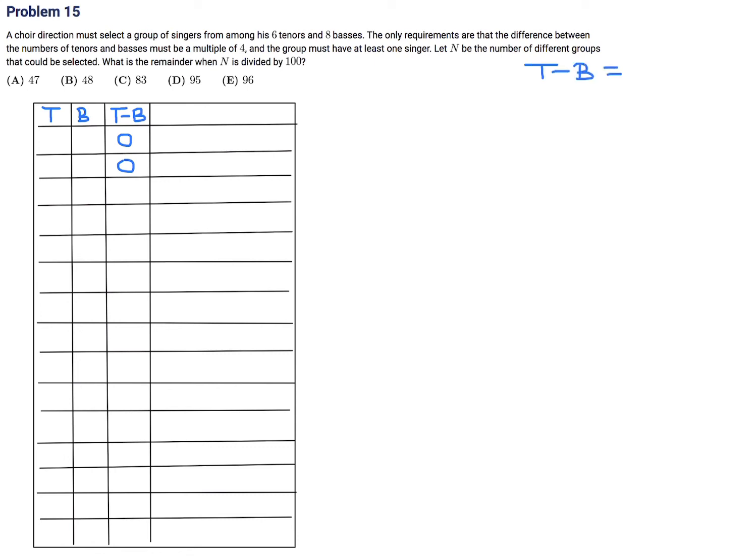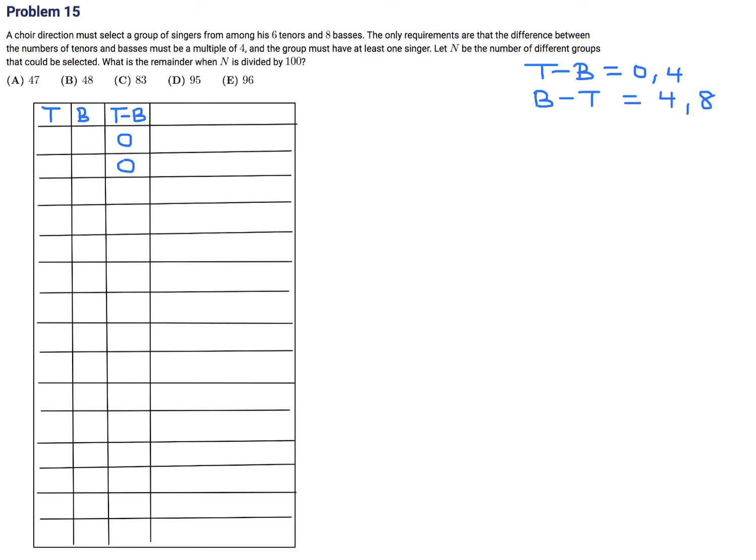And I think that would be it. I don't think there's any way of getting 8. And then b minus t, same story. Well, b minus t, t minus b is the same thing if it's 0. But b minus t could also be 4. And I think we can also squeeze an 8 from b minus t since there's 8 basses.